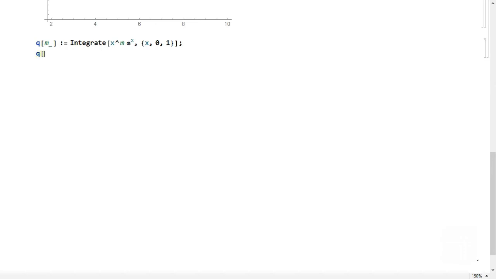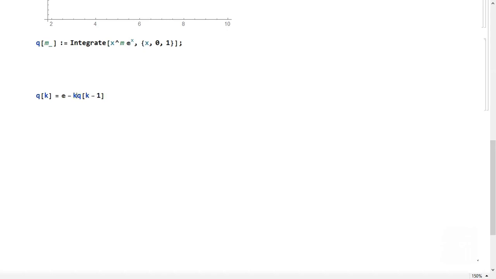Let me write it down qualitatively first. It will look like q of k, where k is another dummy variable, which will be summed over just like n in the previous problem. This is the exponential minus k times q of k minus 1.